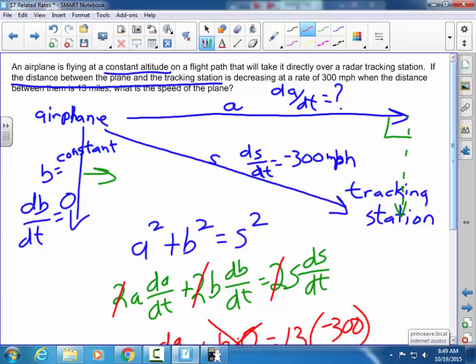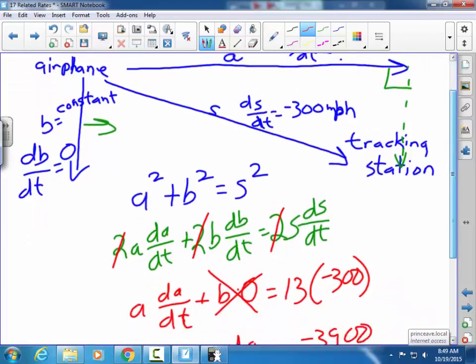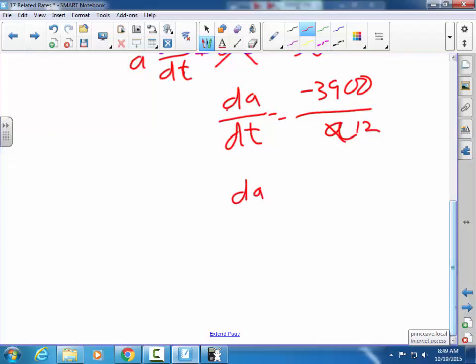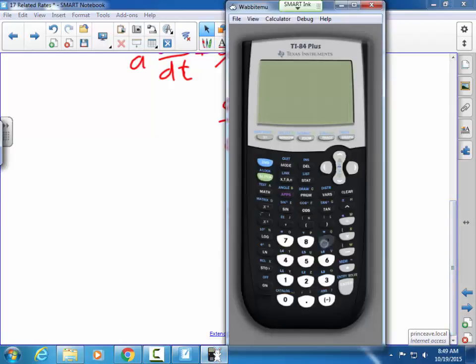Let's say that A was 12 miles. I'm just making that up. If A were 12 miles, then instead of that we could say it's 12 there, and we would have dA over dt equals 3,900 divided by 12.